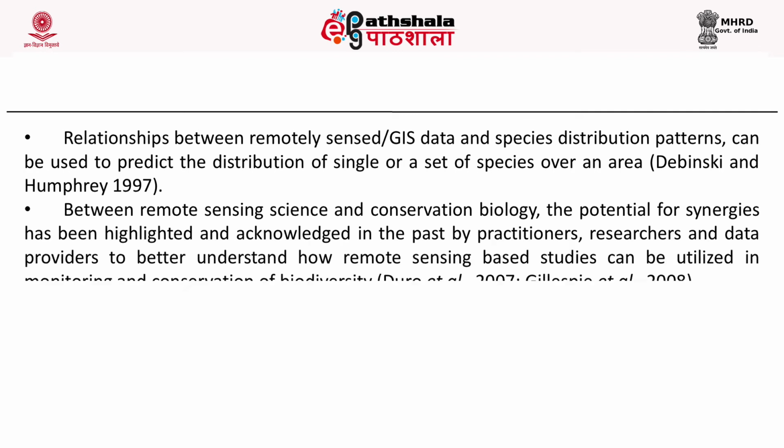Between remote sensing science and conservation biology, the potential for synergies has been highlighted and acknowledged in the past by practitioners, researchers and data providers to better understand how remote sensing based studies can be utilized in monitoring and conservation of biodiversity.